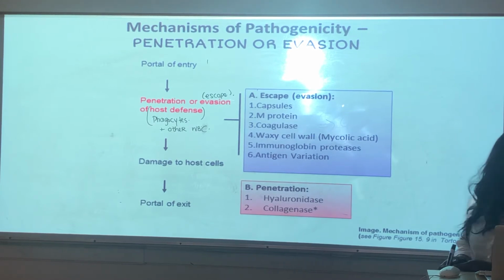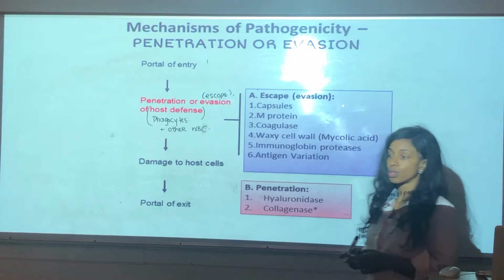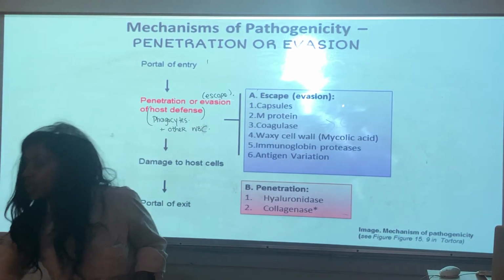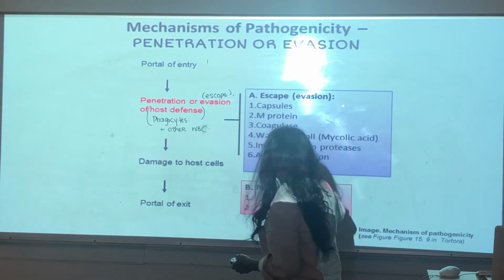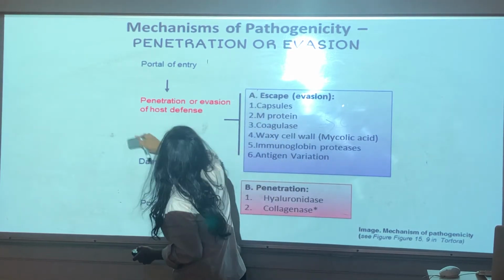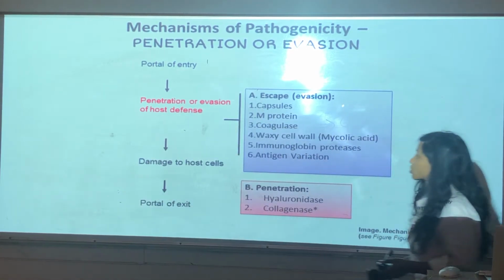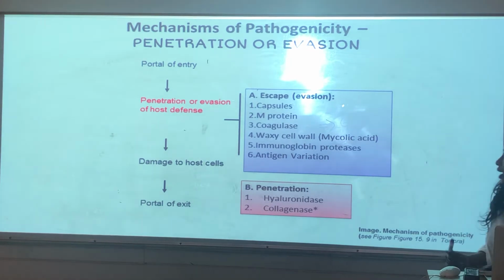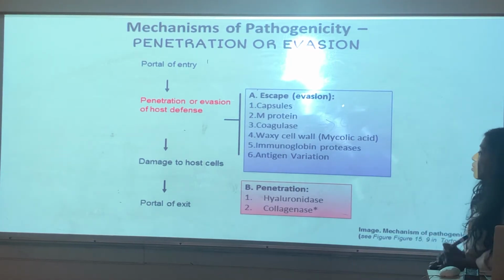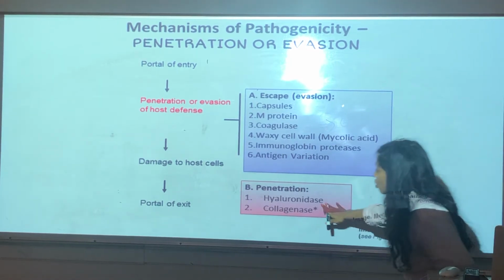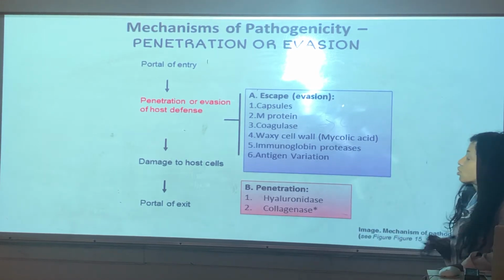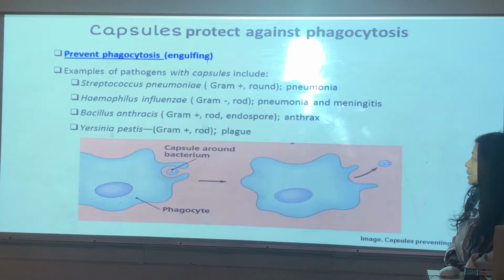We'll look at these different mechanisms as we go through our next few slides. It's quite a few slides on penetration and evasion, so I separated them so that you're a little more clear. Again, collagenase can also be used as an evasion tactic.